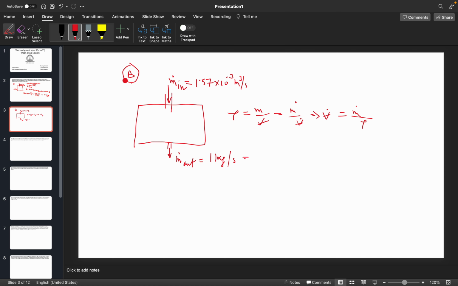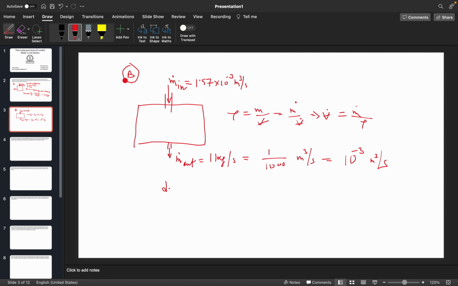So if we divide this by 1000, we will get it in meter cube per second. Since the density of water is 1000, this is nothing but 10 to the power minus 3 meter cube per second. Now the sum is very easy. You have a mass inflow, you have a mass outflow. So what will be the rate of storage of this one?